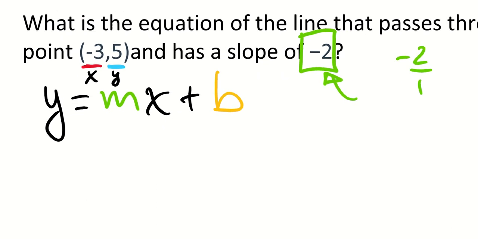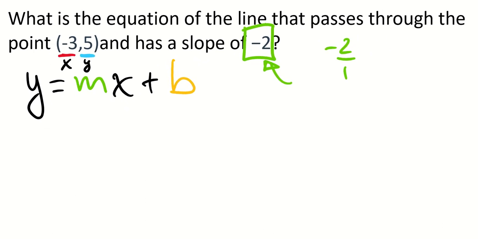So our strategy, if I'm given a slope and a point, is to plug in my slope and the x and y values from the point that I have. So I'm going to rewrite this equation, and instead of y, I'm going to write the y value from my point. The y value from my point is 5. My slope is -2, and the x value from my point is -3.